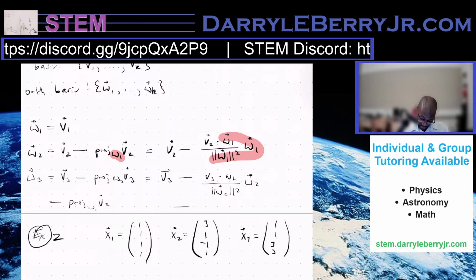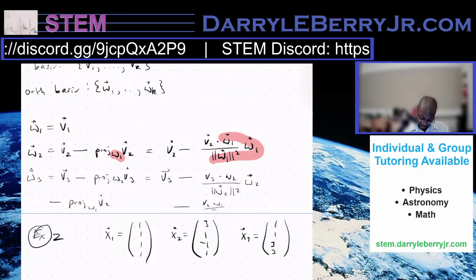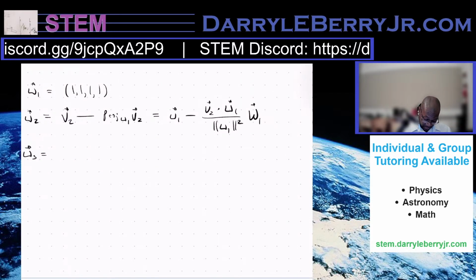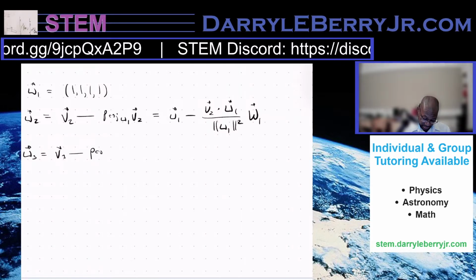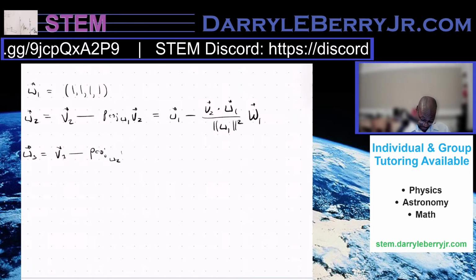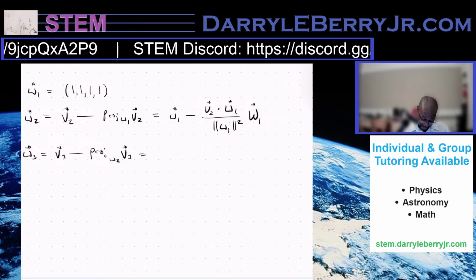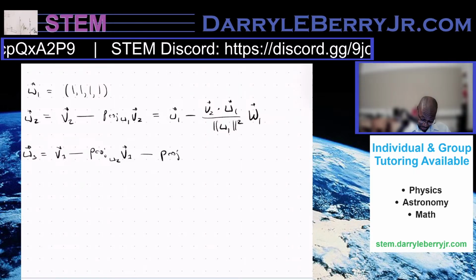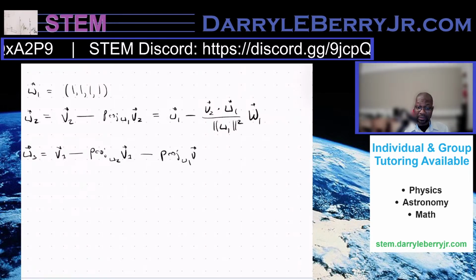So that's a minus V2 W1 and so forth. So this will be W3 equals V3 minus the projection onto W2 of V3. So that equals, oh, and I got to do the additional one, minus the projection onto W1 of V2.